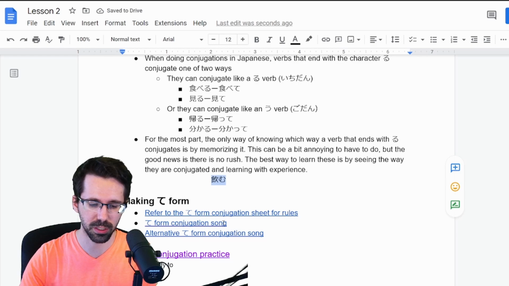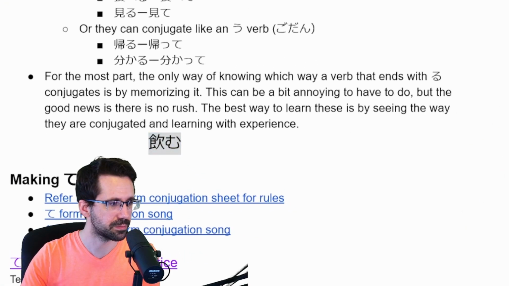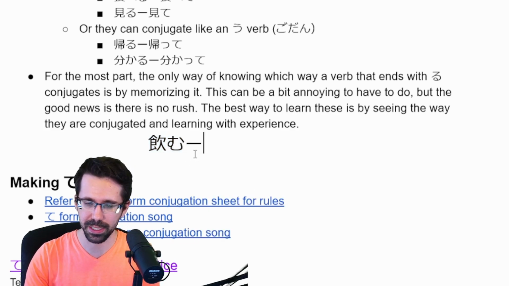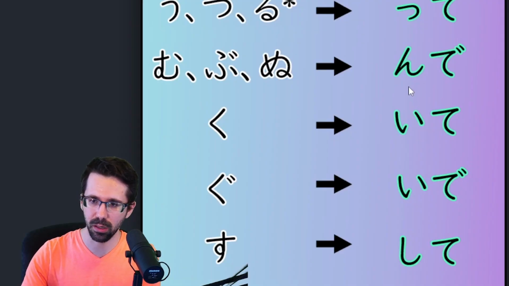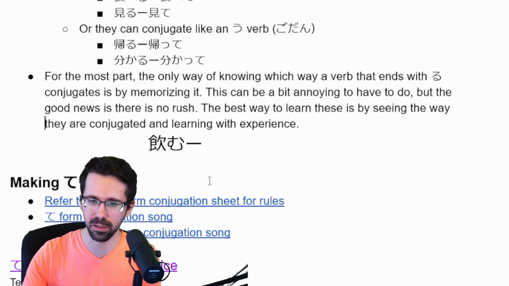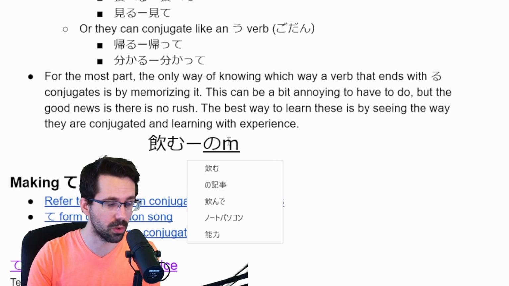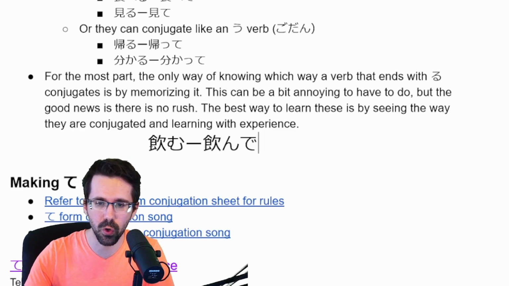Zoom in just a little bit. Make it nice and big too. So nomu, again, ends with a mu. And by changing it into te form, we look here and nde is our ender. So we're going to take off the mu and we just have no, and then we'll go to nde. So the te form of nomu is nonde.